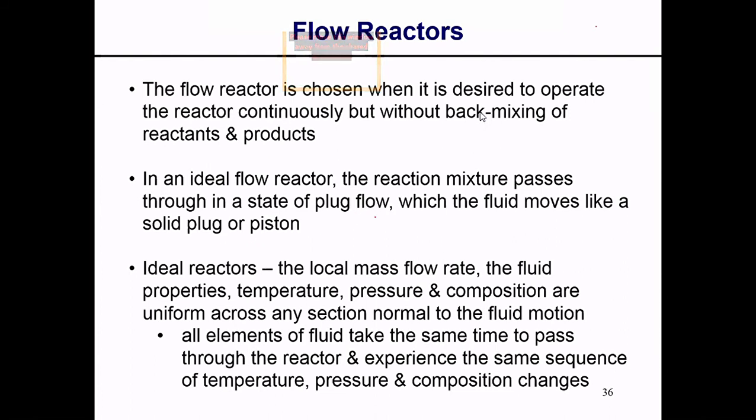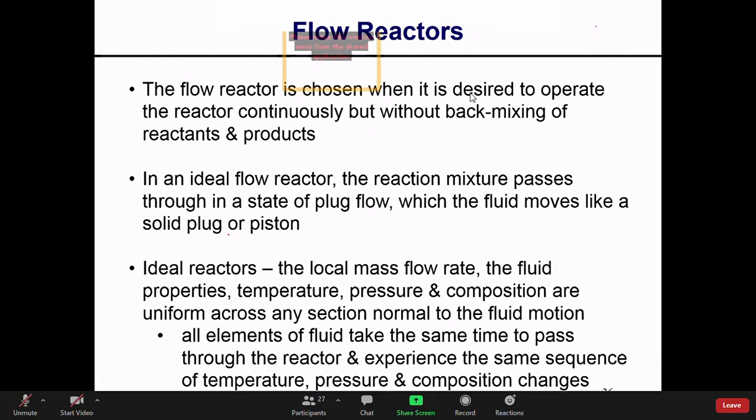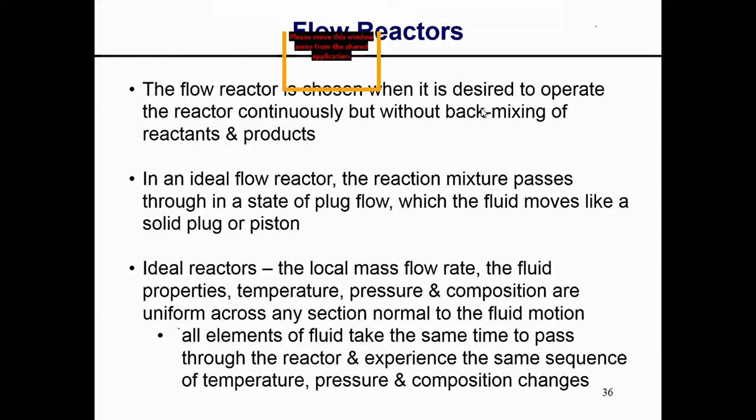So the volume will move constantly. So for an ideal plug flow reactor, the local mass flow rate, the fluid properties and temperature, pressure, and composition are uniform across any section normal to fluid motion.